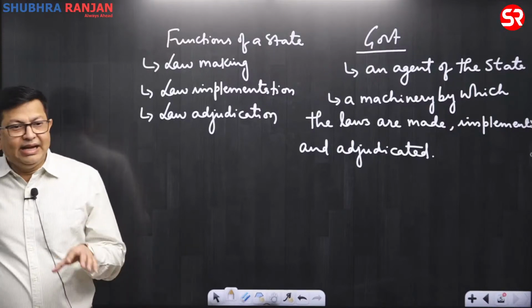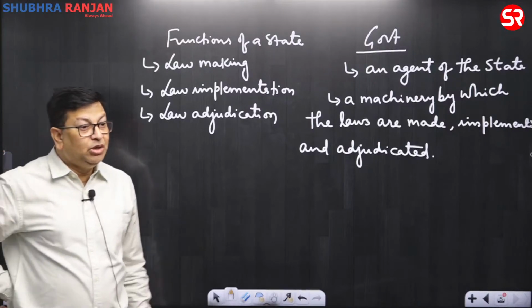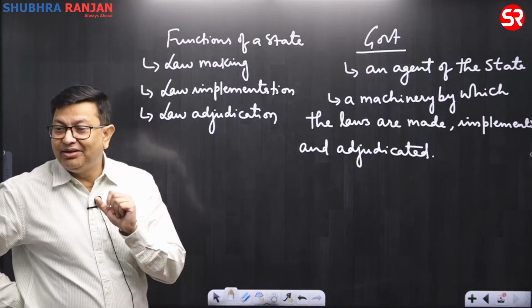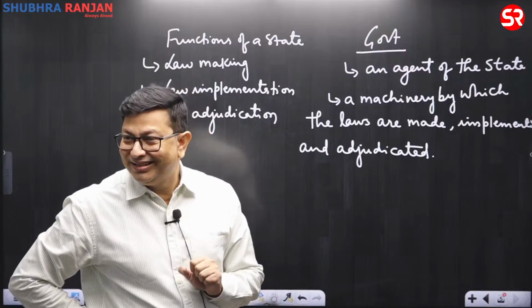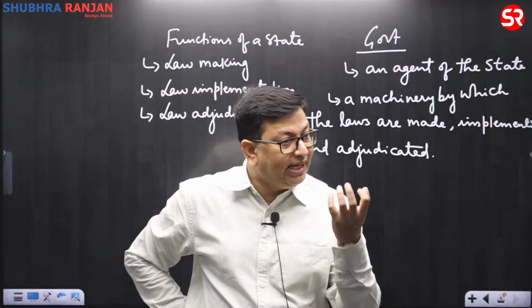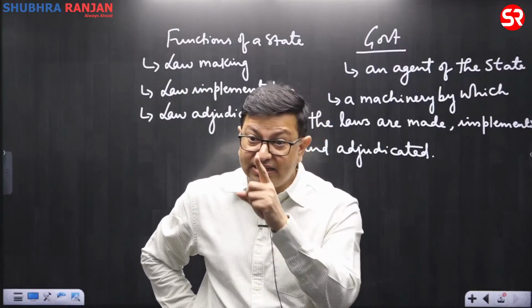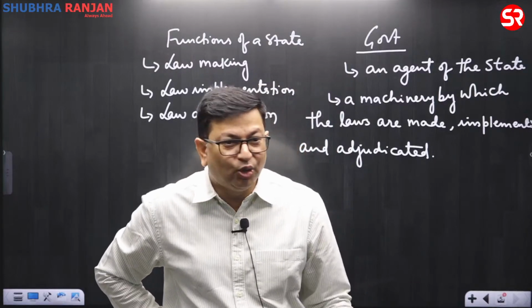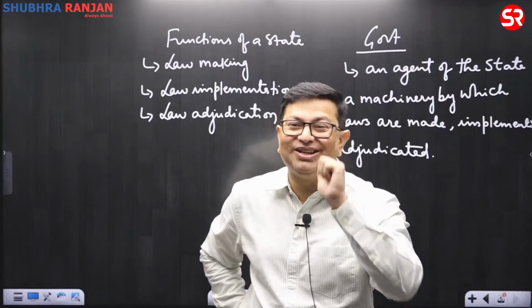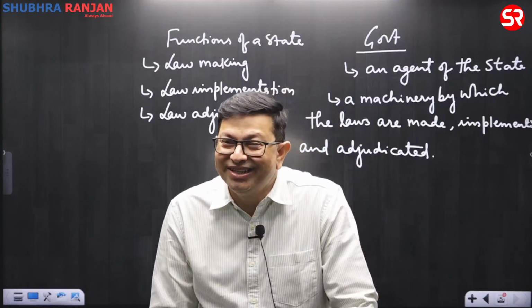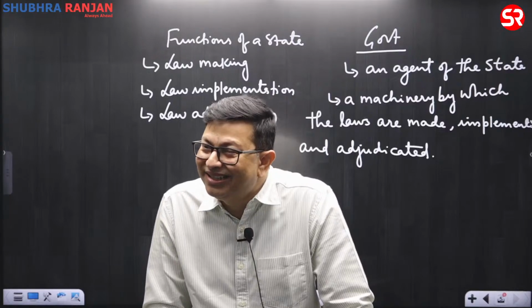So this is how you need to communicate to a kid what a government is. You need to develop an understanding in the same way so that you will be able to make the other person also understand, because these are very basic things.